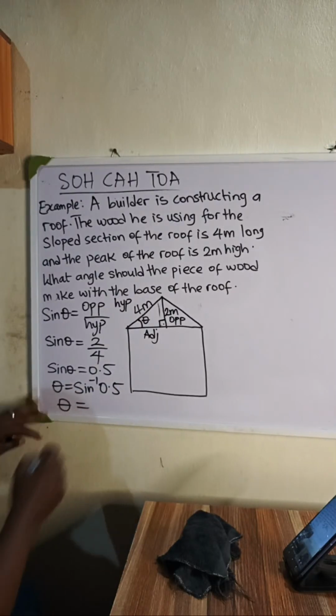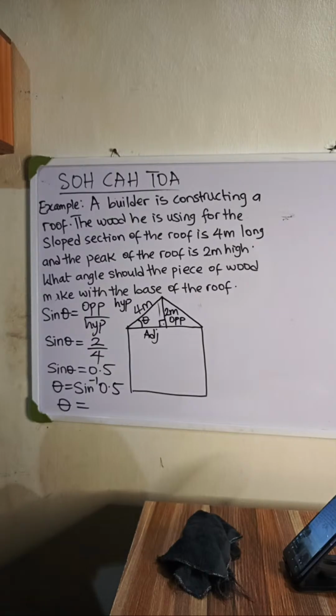What will be the value of theta? You press shift sine 0.5 on your calculator. 30. Lawrence says 60. Are you sure it's 60? I don't think it will give you 60.